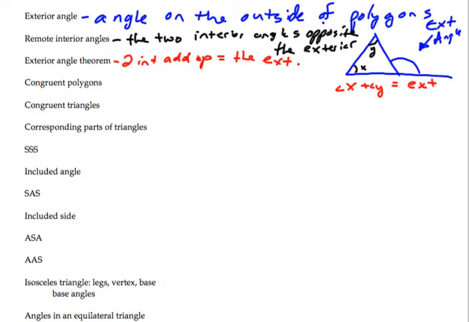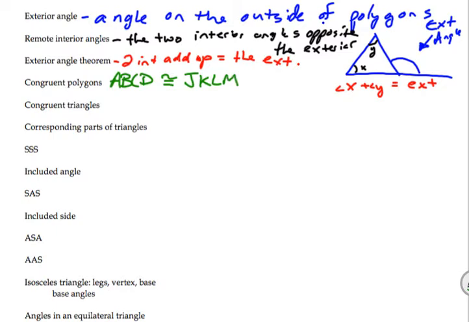So then we have congruent polygons. Congruent polygons just mean we have some of these statements. Okay, so we have like ABCD is congruent to JKLM.